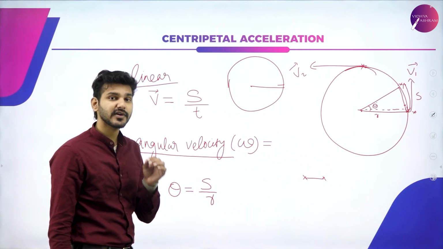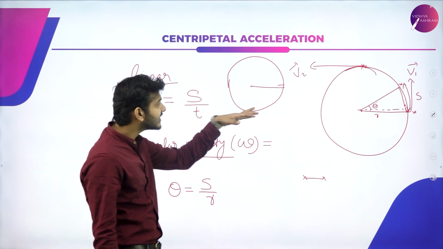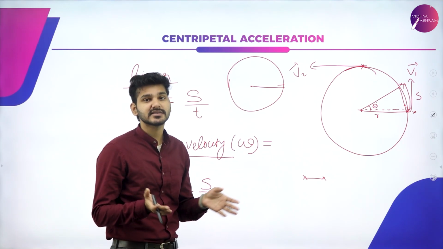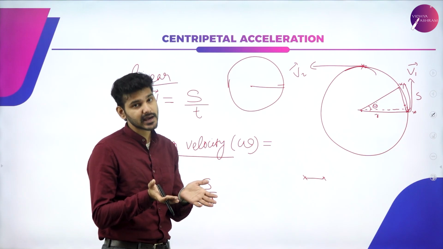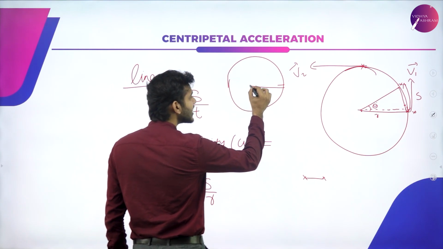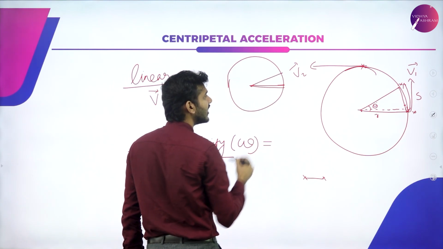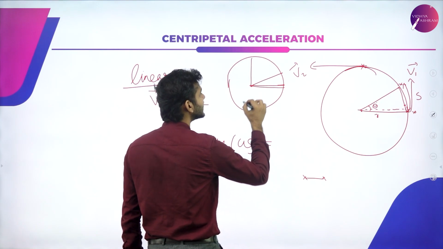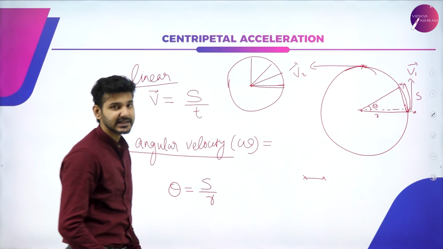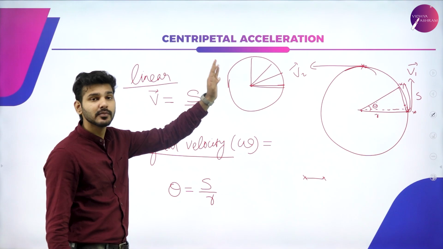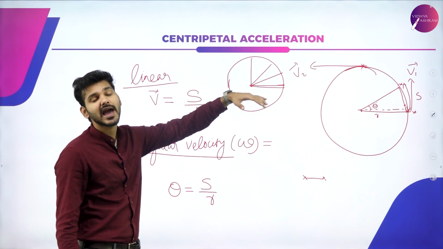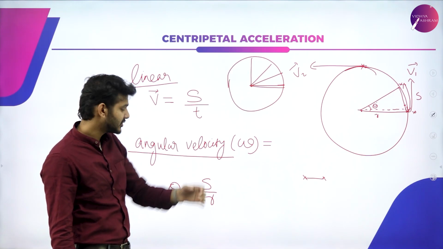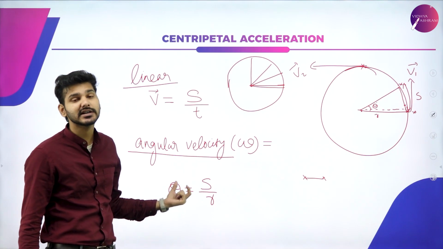I have to specify that change. So if it is a circle, what better way is there to specify than an angle? That is, it moved 1 degree, or 10 degrees, 90 degrees, 45 degrees, like that. So in circular motion, theta determines the angular displacement. So theta is known as angular displacement.